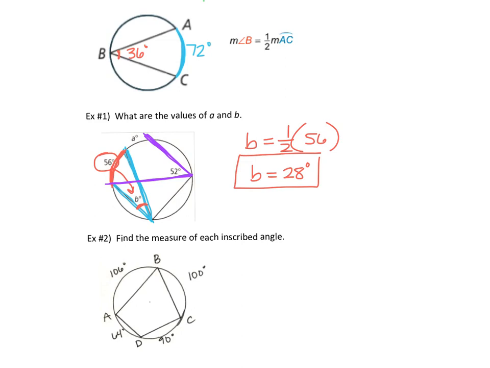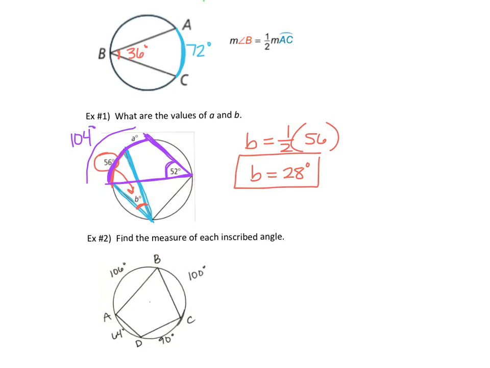If you look, that whole arc is related to this angle. So if the angle is 52, the angle is always half of the arc, so we would have to double it to get this arc. So that arc is going to be 104 degrees. Does that make sense? Hopefully.